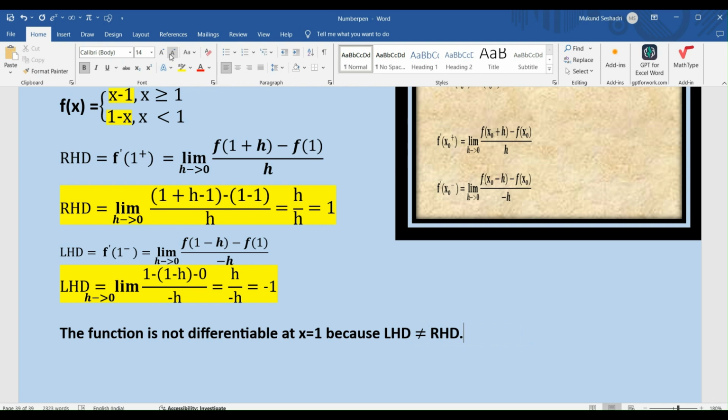That's how we go about solving problems when we examine differentiability of a function at x equals x naught, for a function f of x.